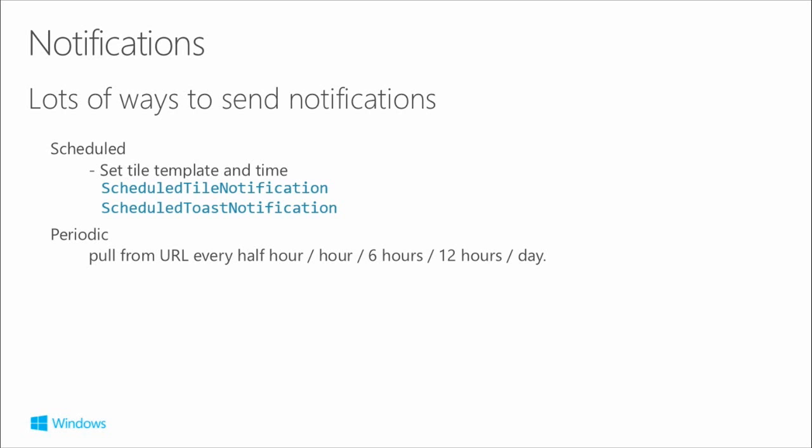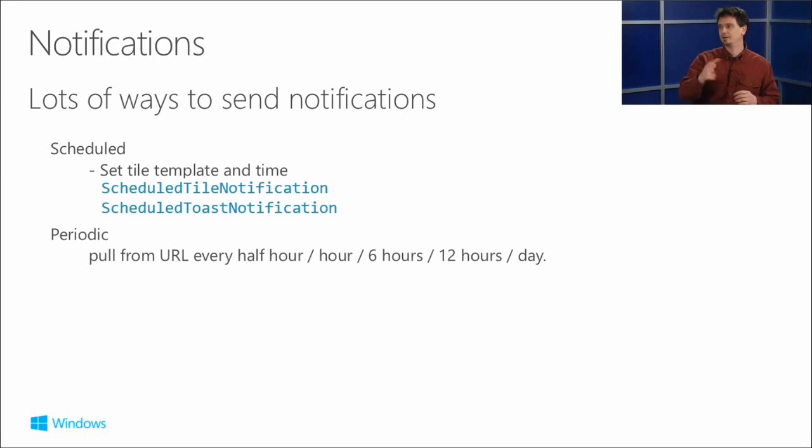You just pull from a URL. Maybe it's an RSS feed that's just RSSing a bunch of XML for your tile notification. Just pull from it every half hour, every hour, 6 hours, 12 hours, a day. This is really great for information where you don't want to build this big complex backend that's always sending push notifications, but you want your application to be updated with some frequency.